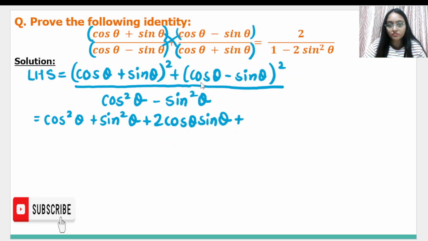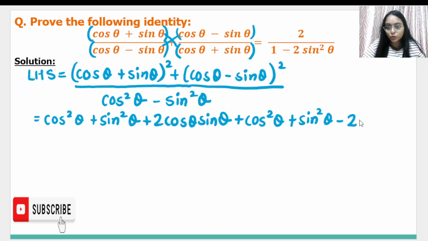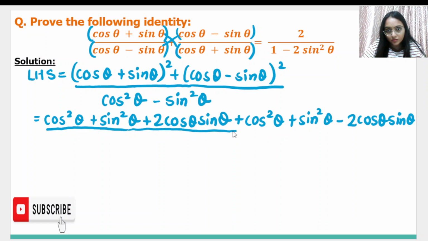Similarly, here you will have a minus b the whole square. So it is a square, which is cos square theta, plus b square, which is sin square theta, minus 2 cos theta sin theta, the whole upon, if you see the denominator, you have cos square theta minus sin square theta.